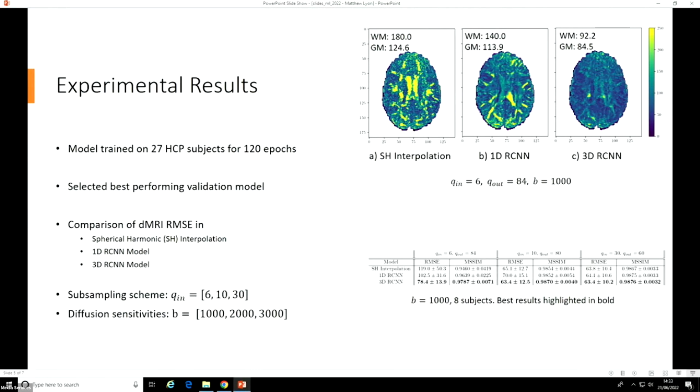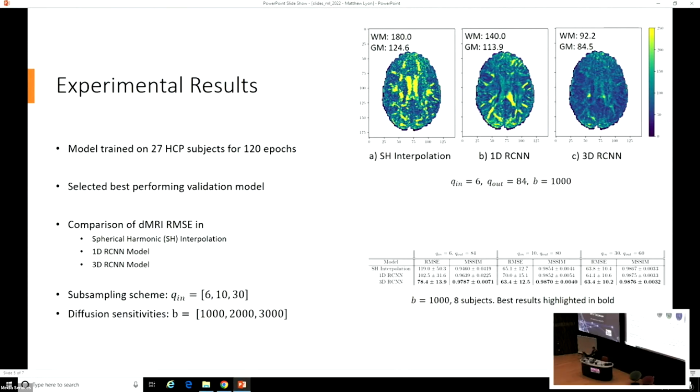We compared performance against a baseline of spherical harmonic interpolation, which is analogous to a Fourier transform, but defined on a sphere, so it works quite well with this Q-space formulation. Additionally, we compared against a one-dimensional variant of our model to verify the effectiveness of the three-dimensional spatial convolutions that we included.